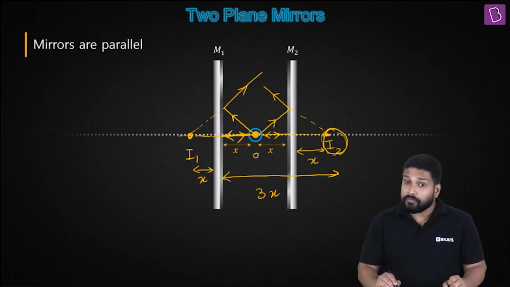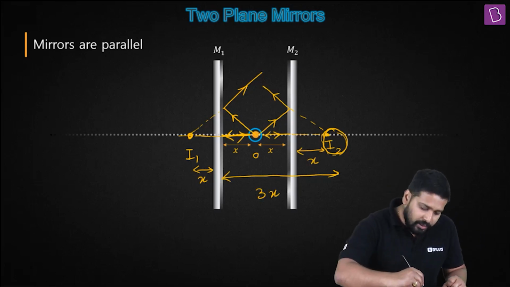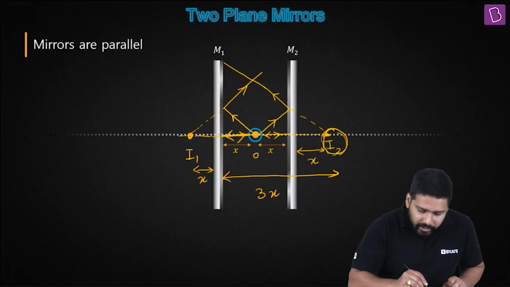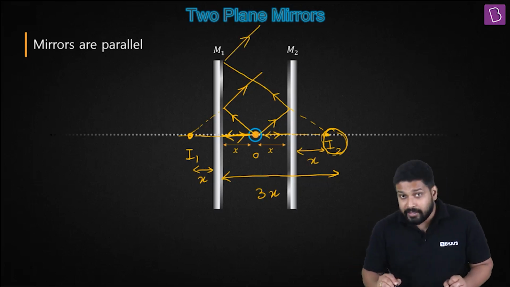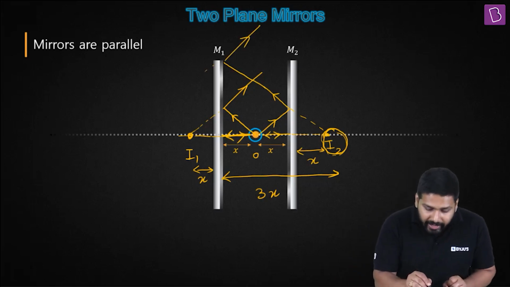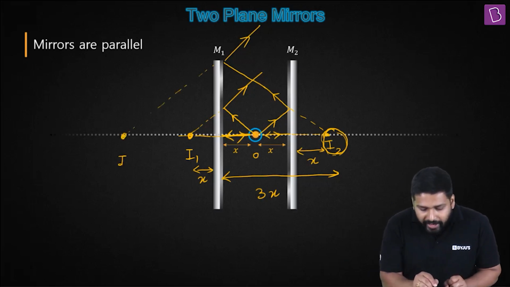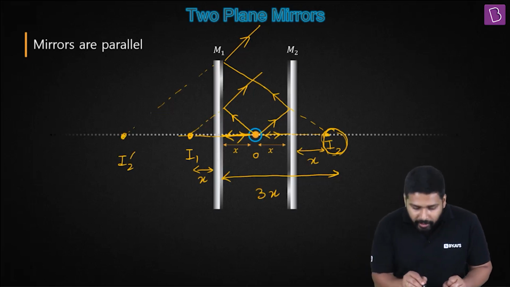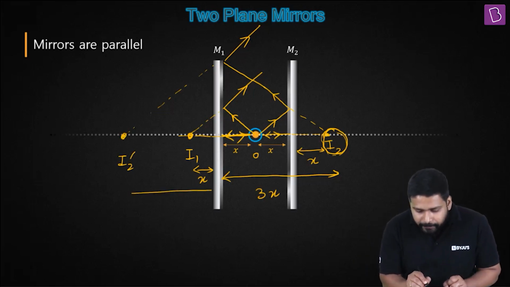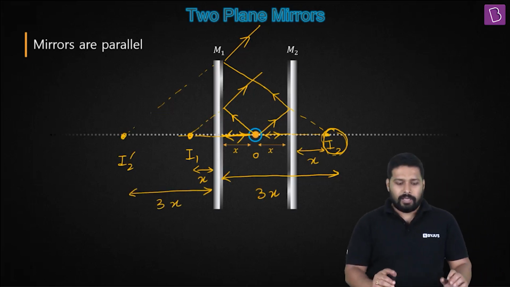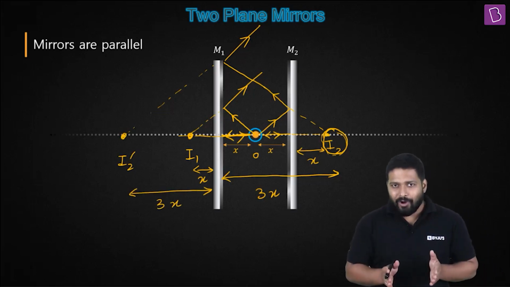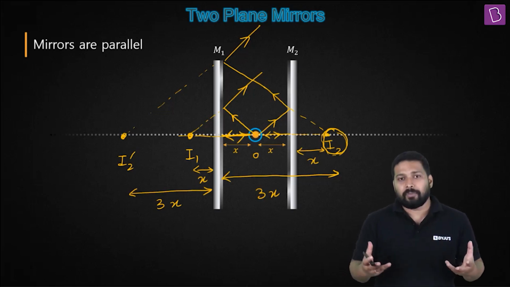So this ray will go and hit it and get reflected like this, and then you will feel as if there is an image I2 dash. At what distance from this mirror? Obviously at a distance of 3x. And if the mirror is infinitely long, you'll go on getting multiple images.